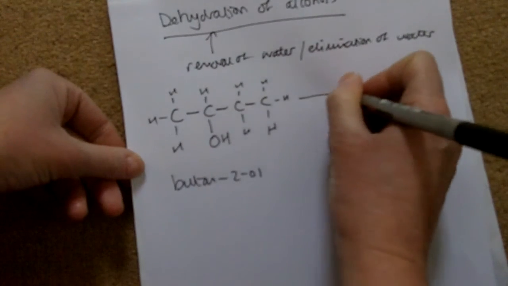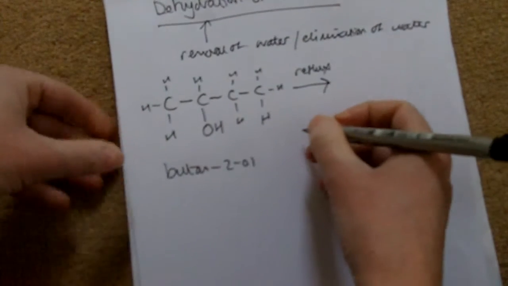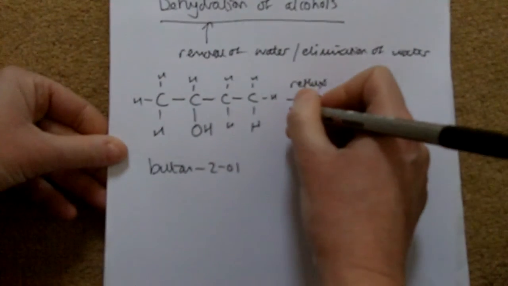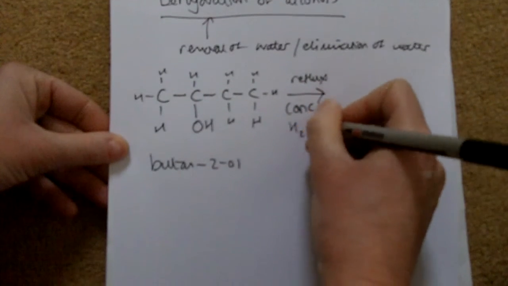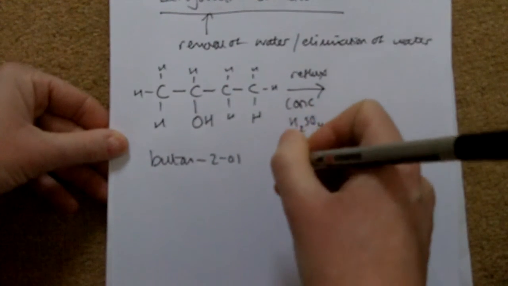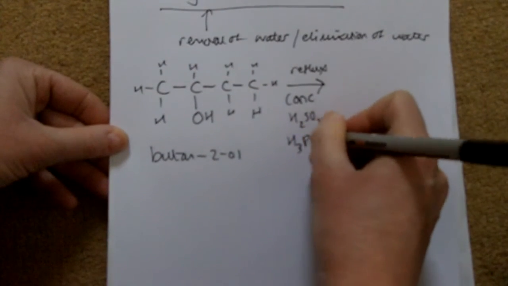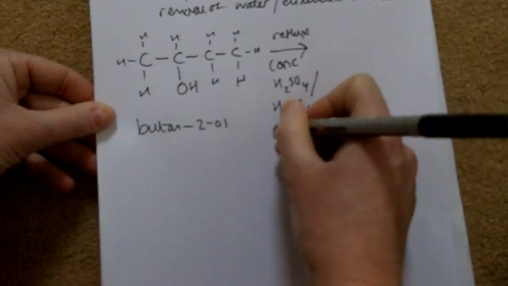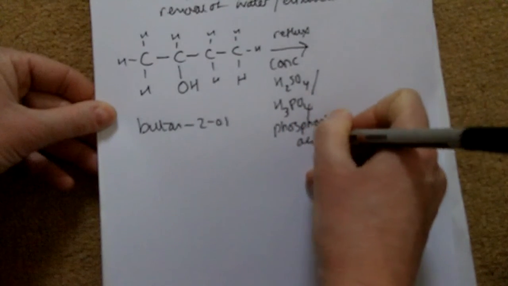Now you need a catalyst. It's heated under reflux, and you need a catalyst which is a concentrated acid. Quite often it is sulfuric acid, but it also can be an acid called phosphoric acid. You use either of those acids, okay?